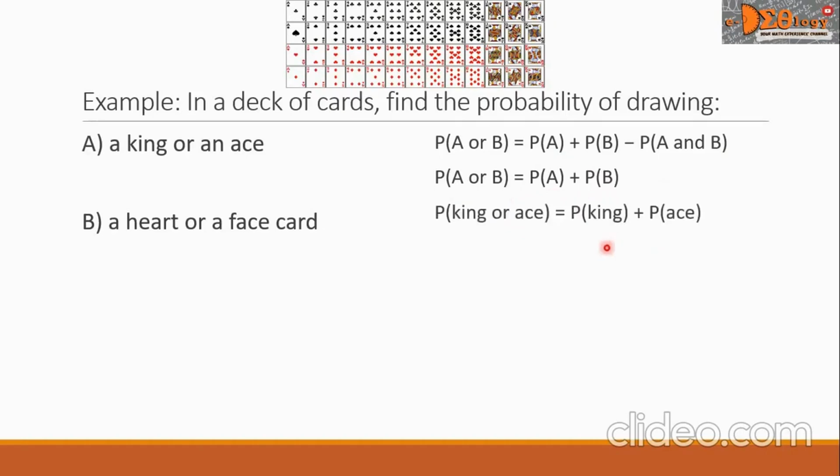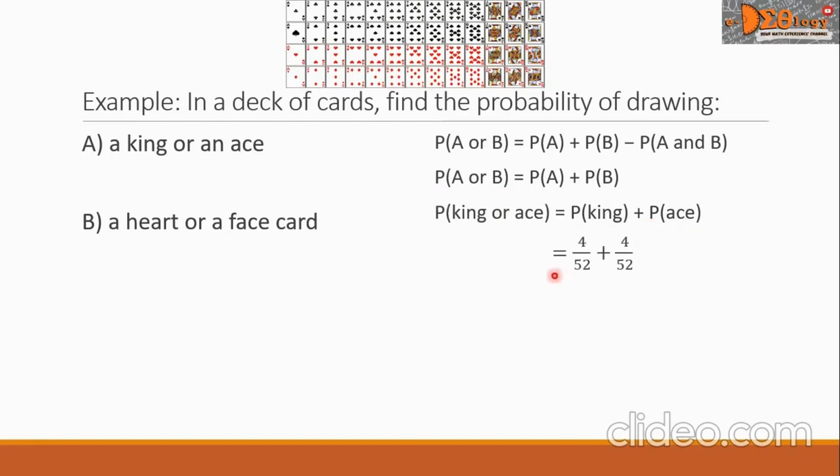It means to say, we can write now that this P of A or B is now P of king or ace. And this is equal to the probability of king plus the probability of ace.